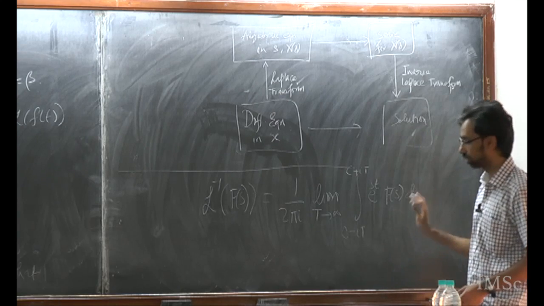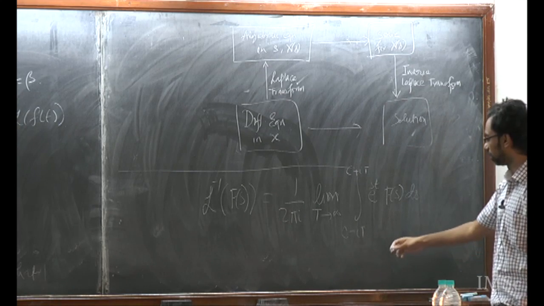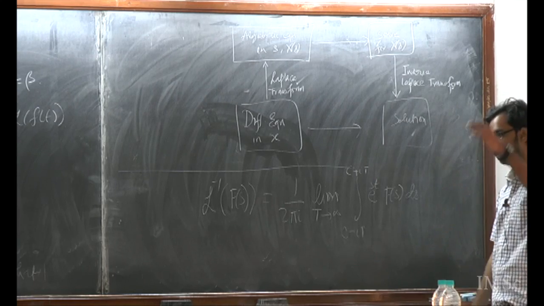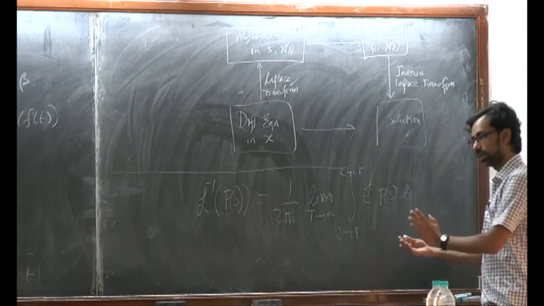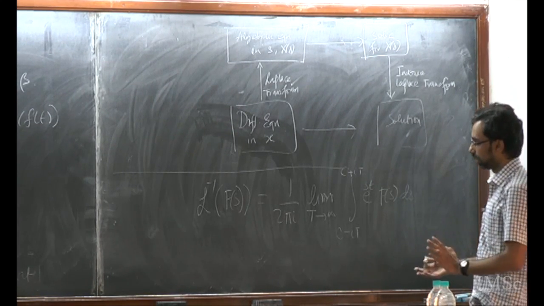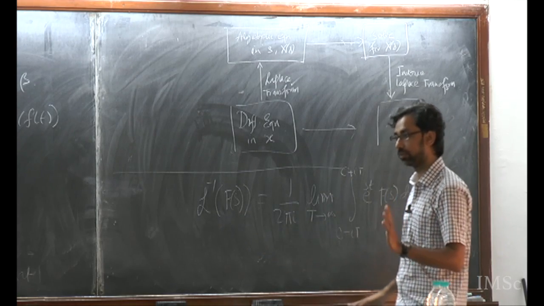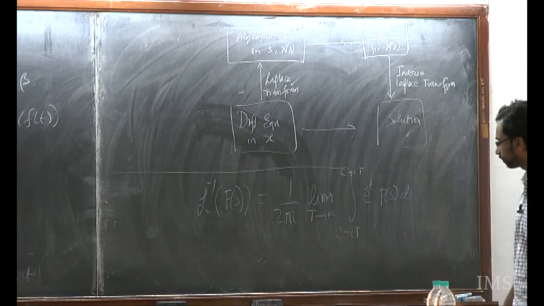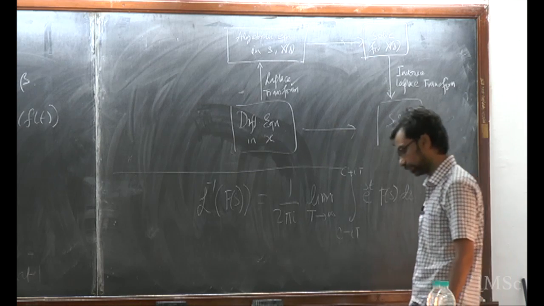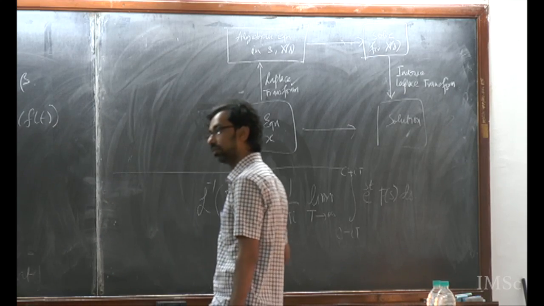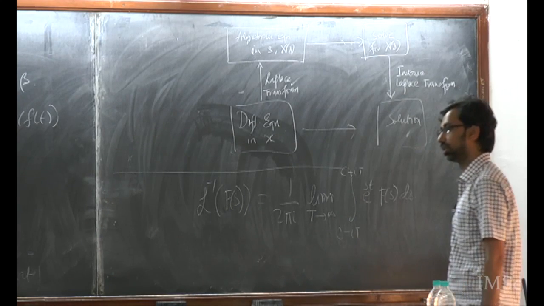So this is a complex integral where you have a contour which is the entire imaginary axis translated left or right, so that the singularities of F of s are removed. Okay. So for example, if your F is an analytic function on the right half plane, then it will give you something. Okay.